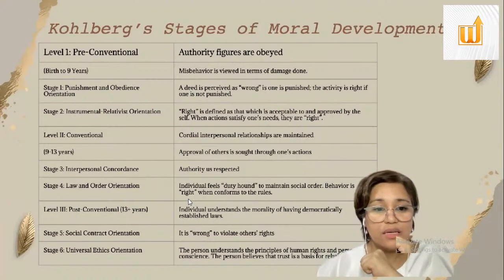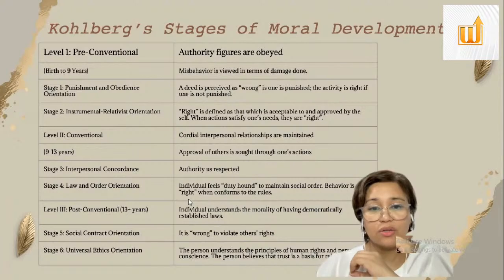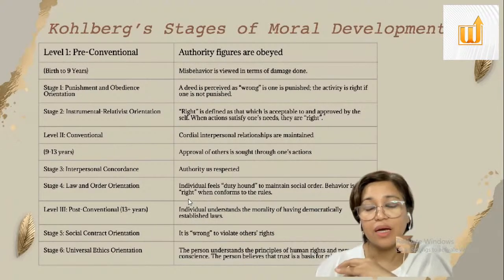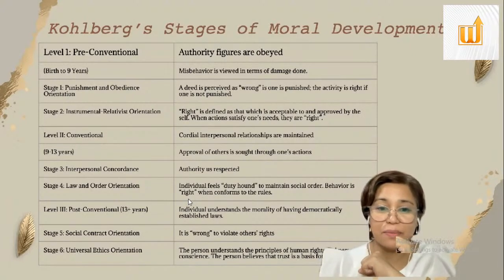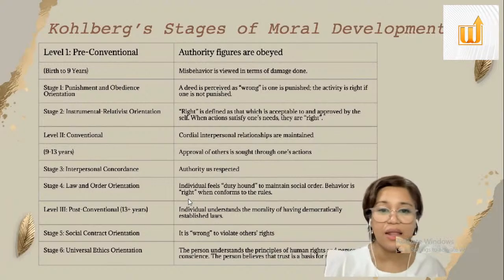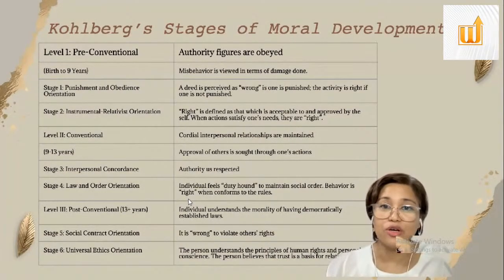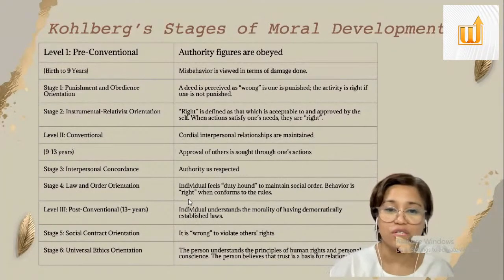So we look at stage 5, or the social contract orientation, that a deed is definitely wrong when it violates others' rights. And then stage 6, we look at the universal ethics orientation, where we say that the person is already ethical because that person acts on his own conscience.